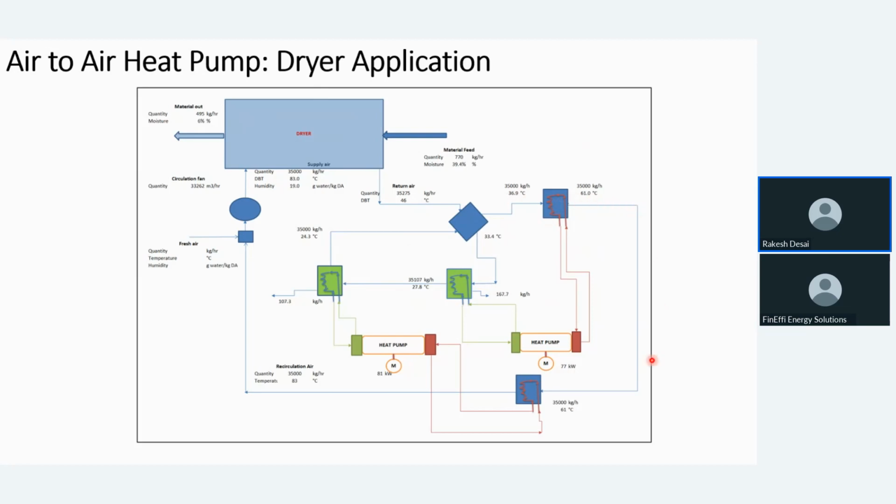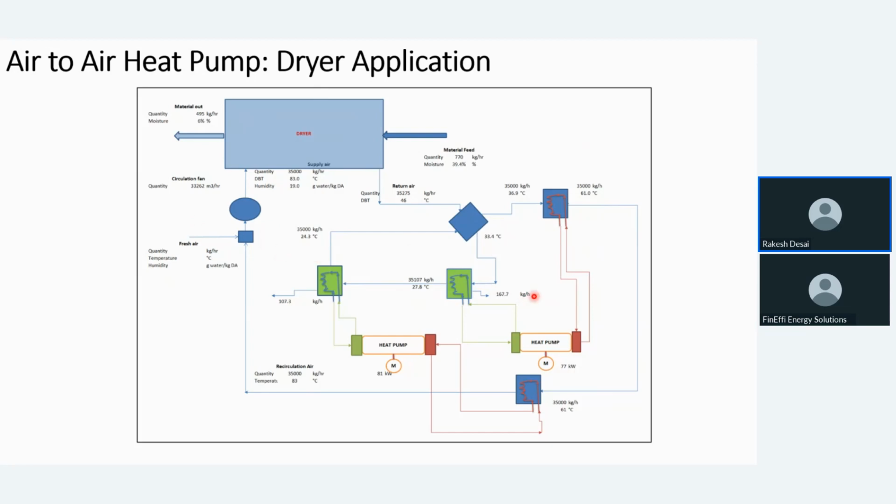Then this air is passed through the condenser of the second heat pump, wherein its temperature was raised from 61 degrees centigrade to 83 degrees centigrade. This way, whatever energy was used by briquette was eliminated and 100% of the energy was sourced from the heat pump system.